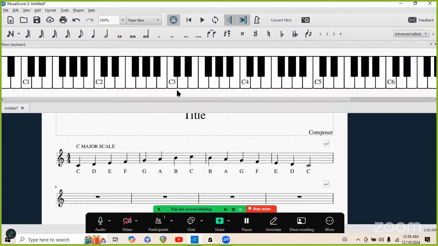That's our first example. Our first triad.